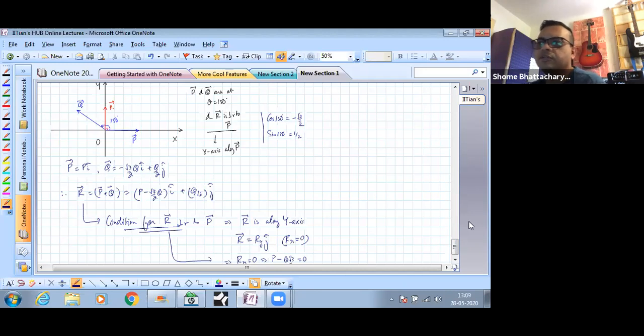Because we have assumed P is along the x-axis, that is why we have assumed that Q is at 150 degrees to the x-axis. See, we can take our xy coordinate frame as we like, no?